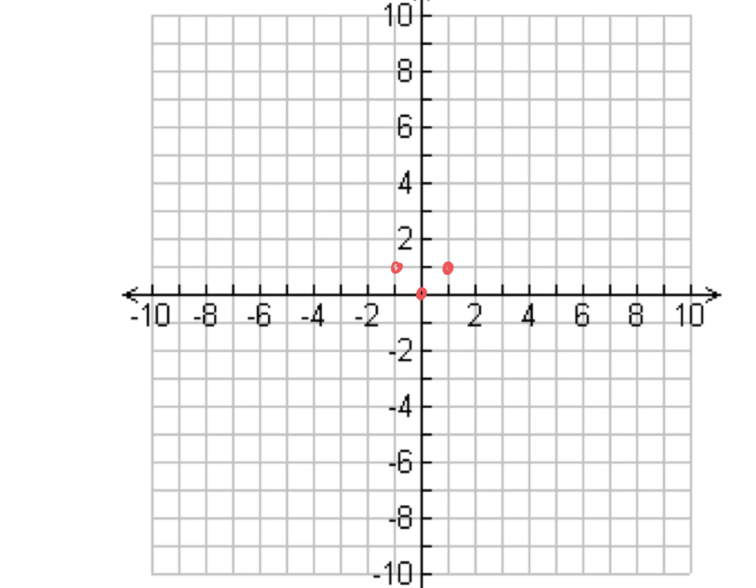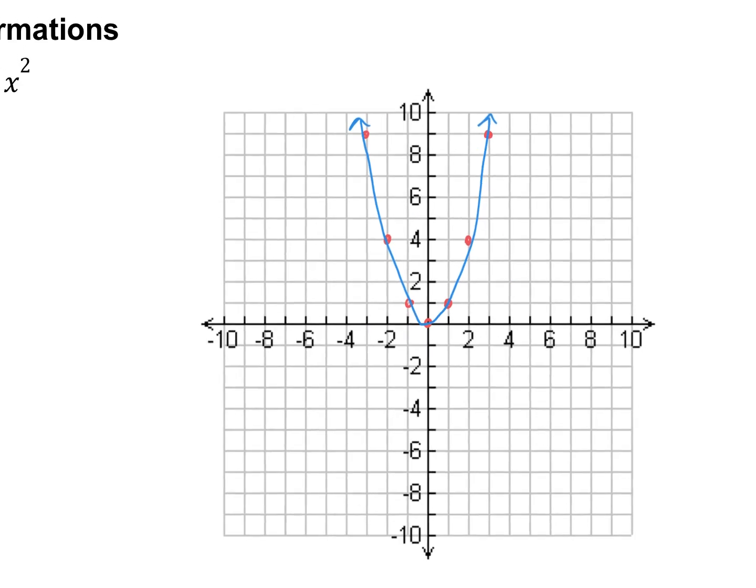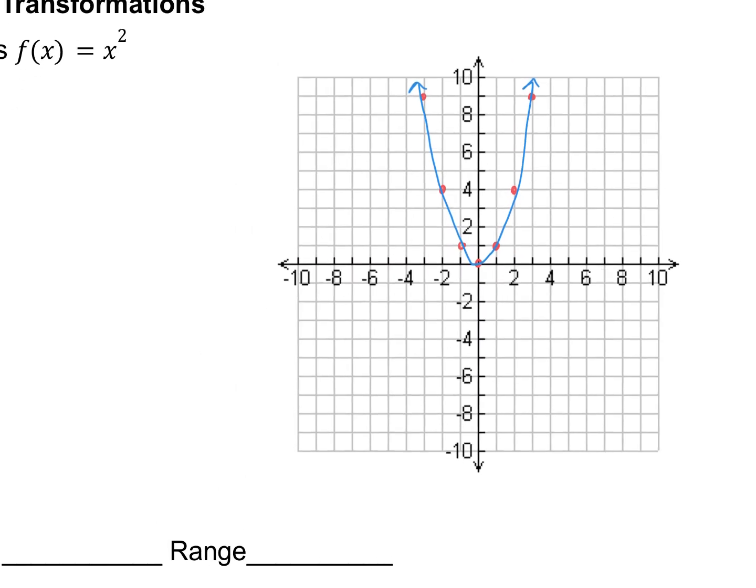Then over 2, up 4, over 3, up 9. You can keep going, 4 up 16, 5 up 25, and so on. So then draw your curve. Make sure it is a curve and not a V. And your arrows. And there is your parent function.